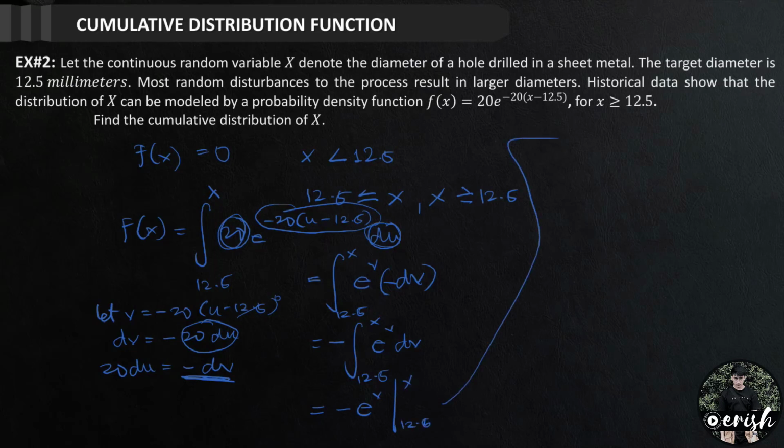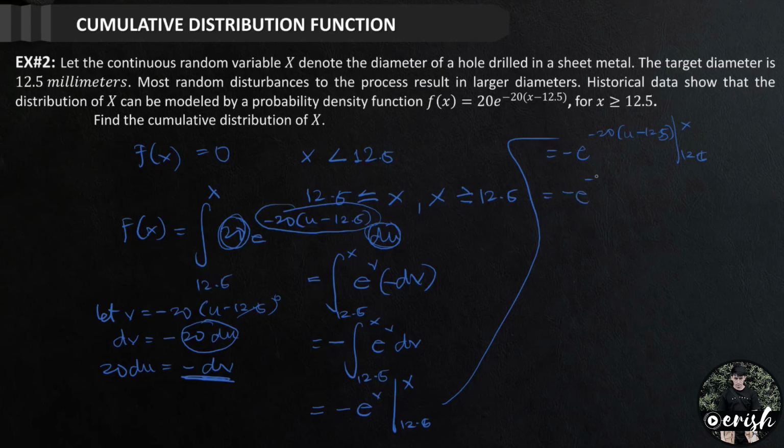Let's continue here. Substitute na natin yung real value ng v. This is negative e. Ang v natin is negative 20 times u minus 12.5, from 12.5 to x. And substitute na natin yung limits.